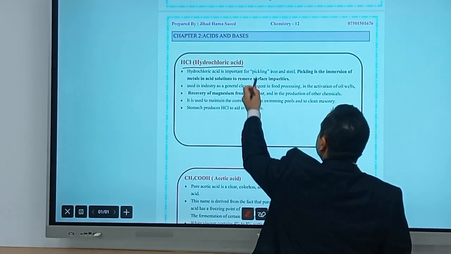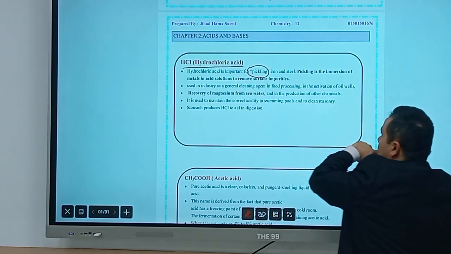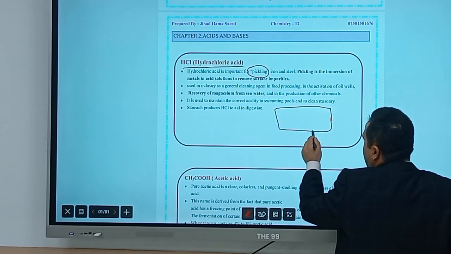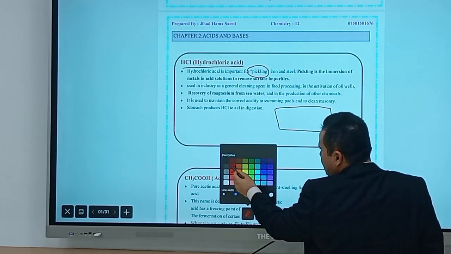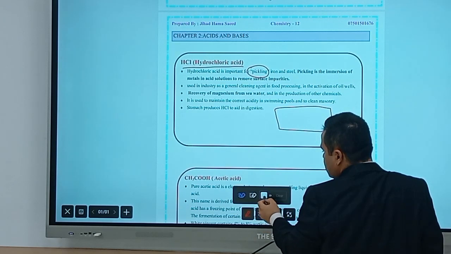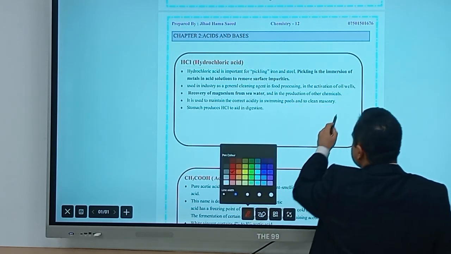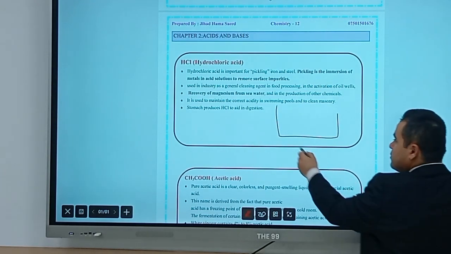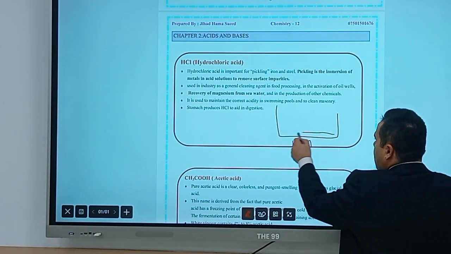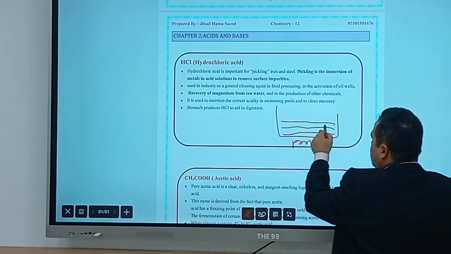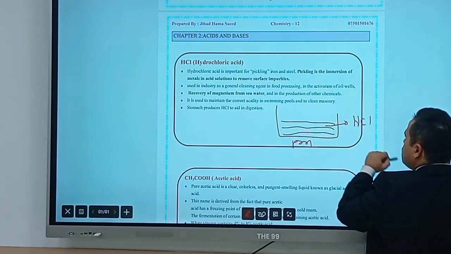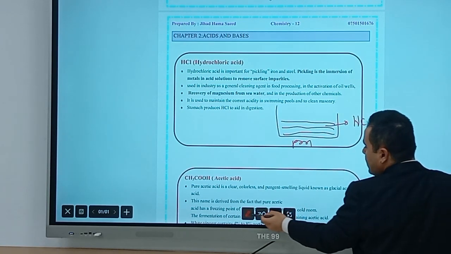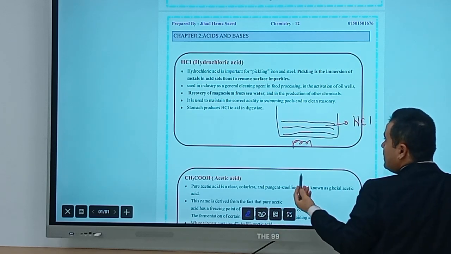The first one, guys, is used for pickling processes. The pickling process, guys, in the industrial processes: in the steel industry and iron industry, there are pools. They fill the pool with HCl solution, and HCl has a property which removes surface impurities.